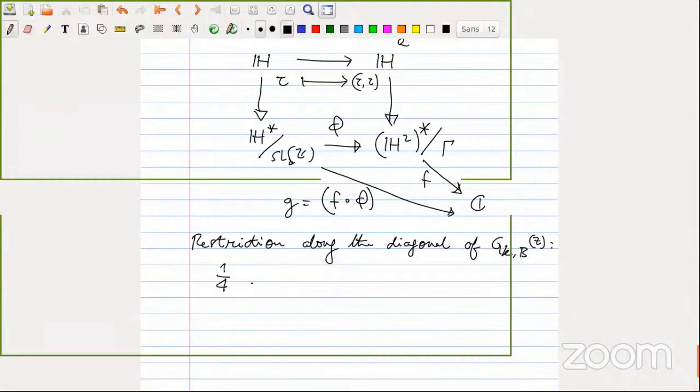So this is zeta of 1 minus k, and then plus the summation n bigger than or equal to 1, summation like this. This belongs to M_2k of SL2(Z).